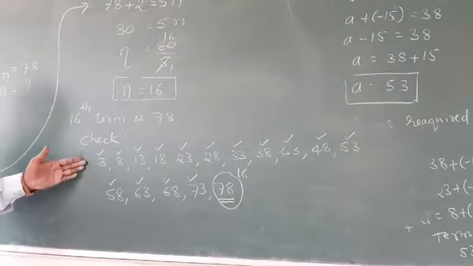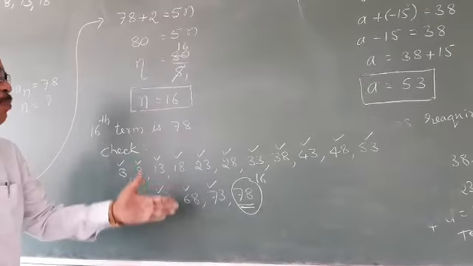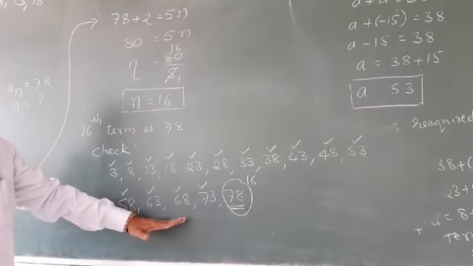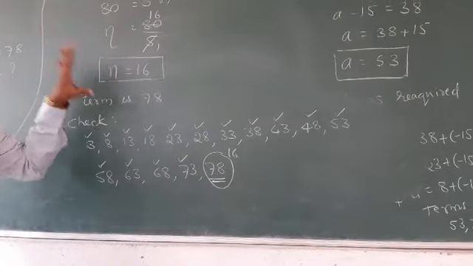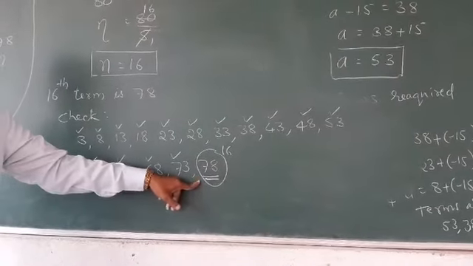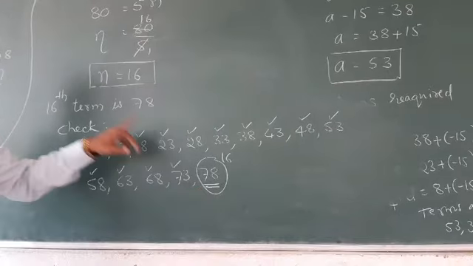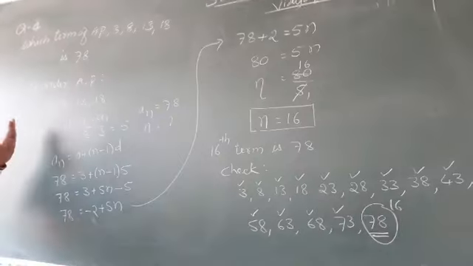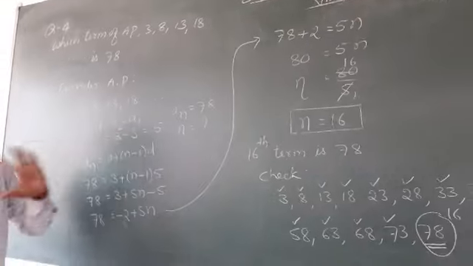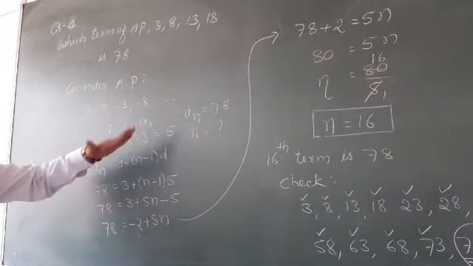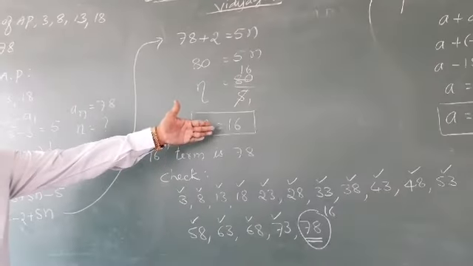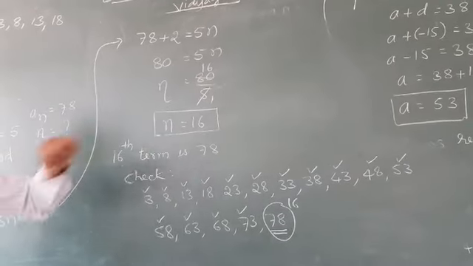Okay, instead of writing continuously in this way, they have provided the method of finding directly which term this 78 belongs to. So, we have applied the formula, that is a(n) equals a plus (n minus 1) into d. Then by substituting the values given, we got n equals 16 directly without writing continuously.